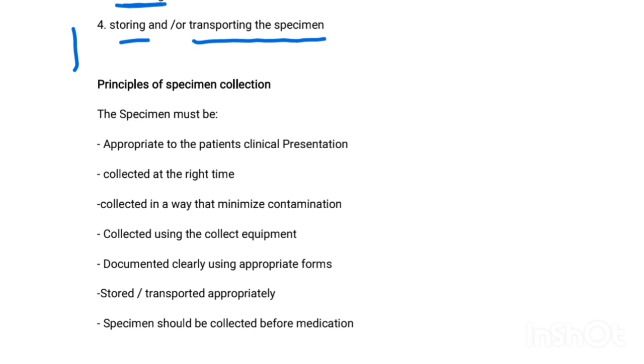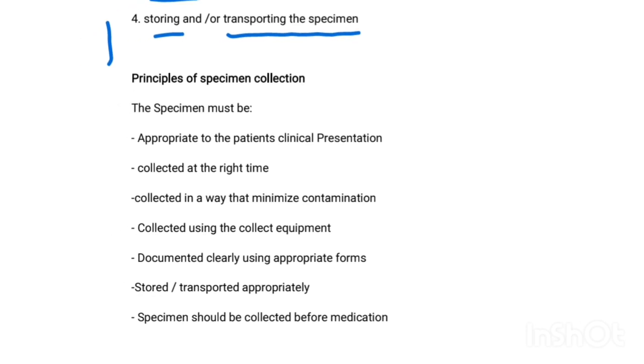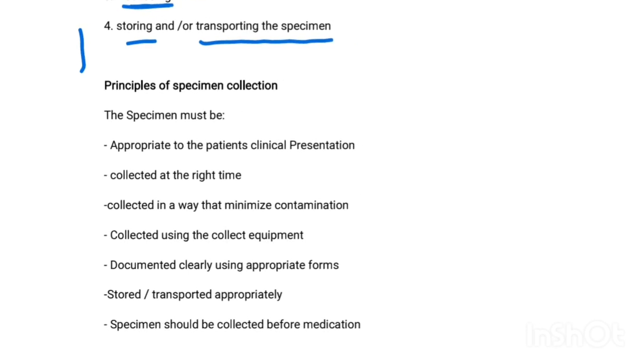The main key is why the specimen has to be collected in a correct way. It should be appropriate to the patient's clinical presentation. Okay, so we need to make sure that we instruct the patient to give us the correct sample.